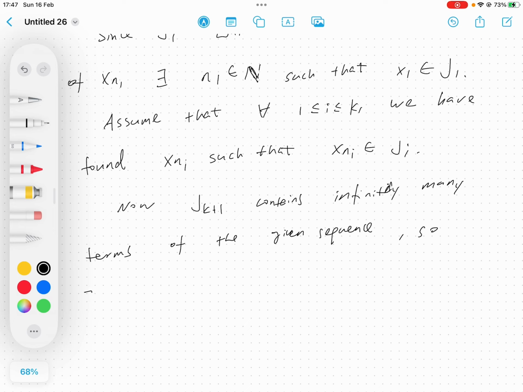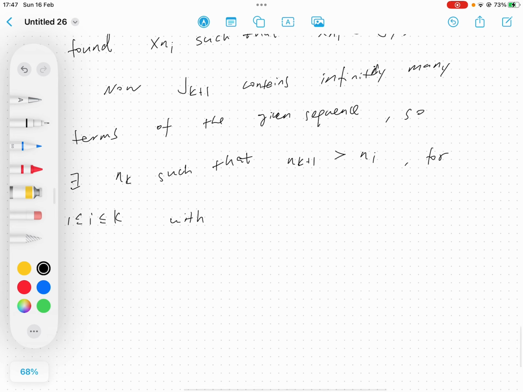So there exists n_{k+1} greater than ni for those i from 1 to k, with the property that x_{n_{k+1}} is an element of J_{k+1}.